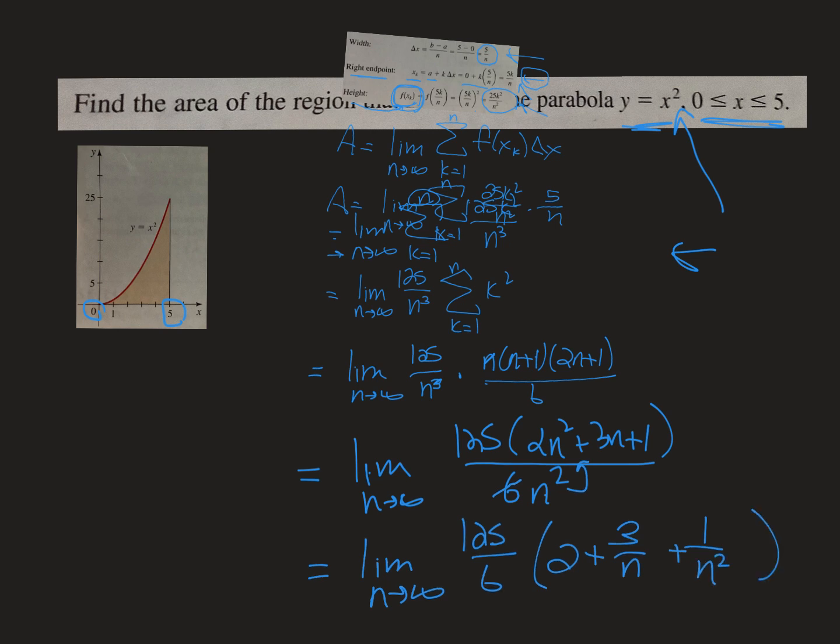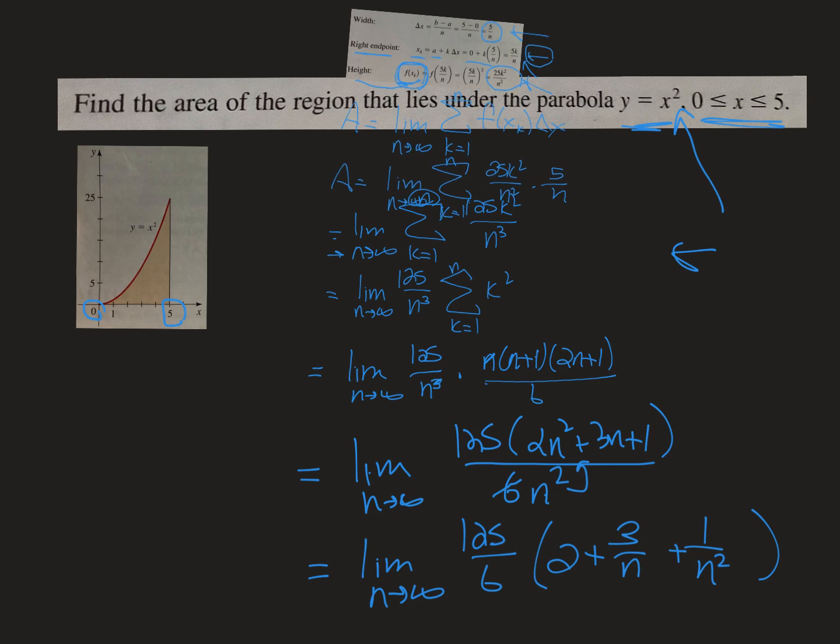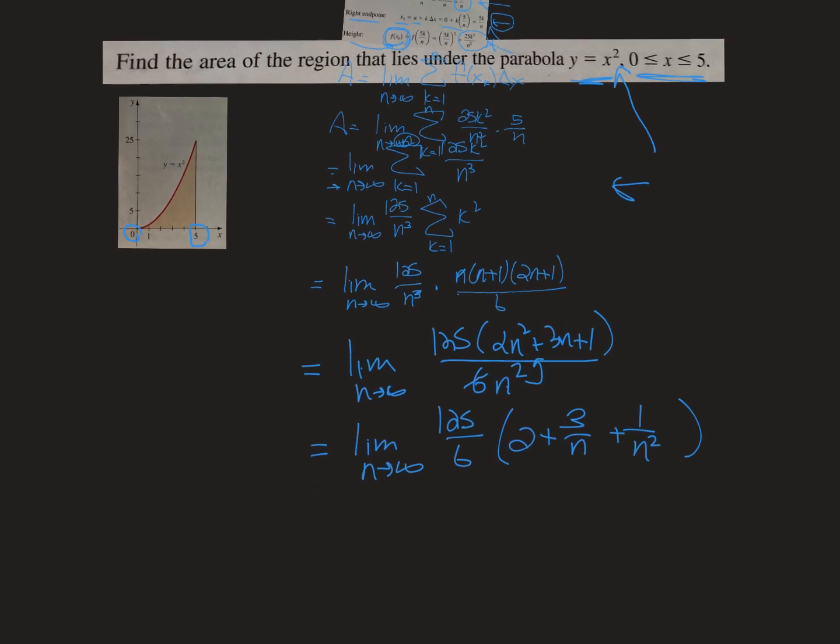Right, so I'm getting really close here. Now I can just go ahead and do the limit. I'm going to start taking a limit now of what I have. So remember, the limit of a constant is itself. So I get 125 over 6, that's going to stay. The 2 is going to stay because it's also a constant. Because the n's on the denominator and I'm going to infinity, that's a 0.